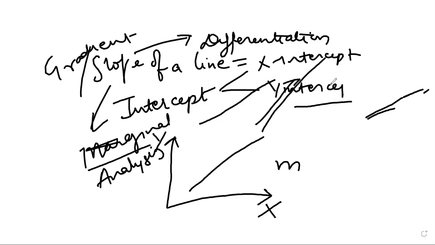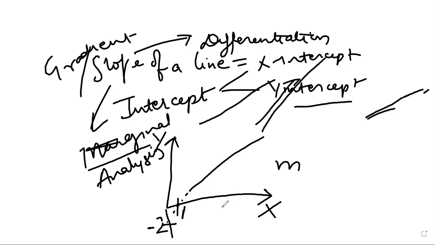It means when we extend that line, this particular line is cutting the x-axis at which point and the y-axis at which point. Let us say it is cutting the x-axis at 1 and the y-axis at minus 2. Then this line will have x-intercept as 1 and y-intercept as minus 2.